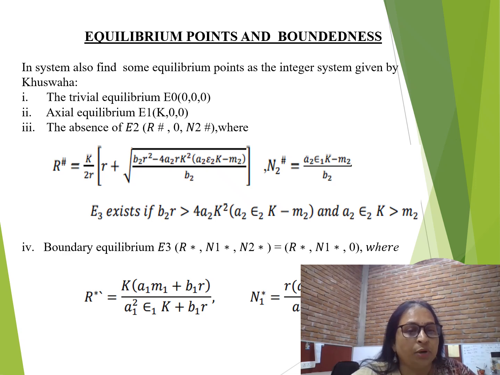And the fourth equilibrium point, the boundary equilibrium point, R star, N1 star, N2 star, where N2 star value is 0 and R star value is K a1 m1 plus b1 R upon a1 square epsilon 1 K plus b1 into R. And here we display the N1 star value.